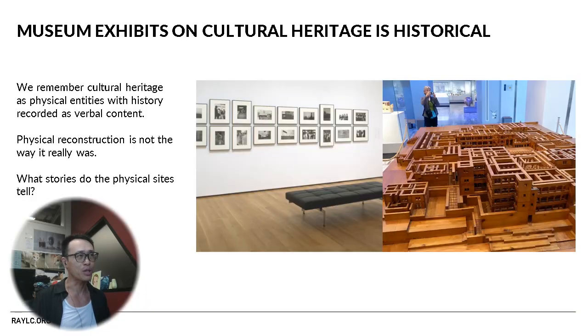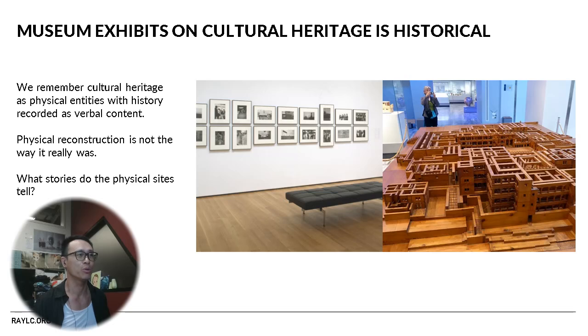The rationale behind this work is that the usual museum exhibits on cultural heritage are quite often very history-based, and the real physical reconstruction is not actually what it really was. For example, you will see things like this in the museum, which indicate our representation, our imagination, of what it was like in the past. And the photos from the past are not put in the context that they should be.